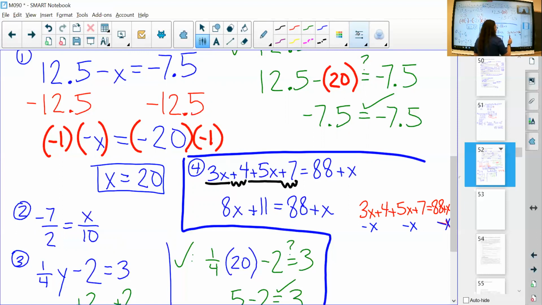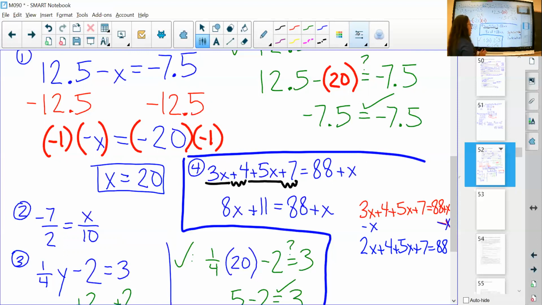And it can be either one, because whether I subtract it from the 3x or subtract it from the 5x, in the end, we're decreasing it by x. 3x minus x, it's not 3, it's 2x, because we have 3 of them, we're subtracting 1, we get 2x, plus 4, plus 5x, plus 7 equals 88. And now that plus x is gone. Okay, that's good.